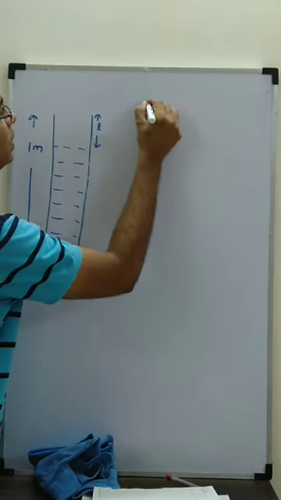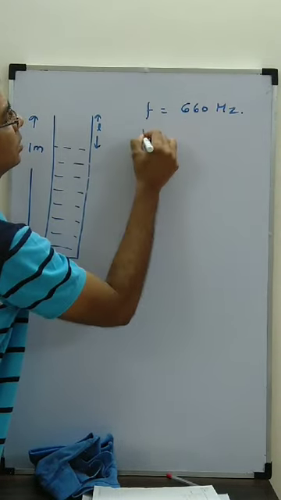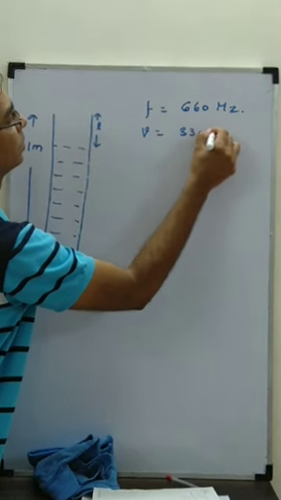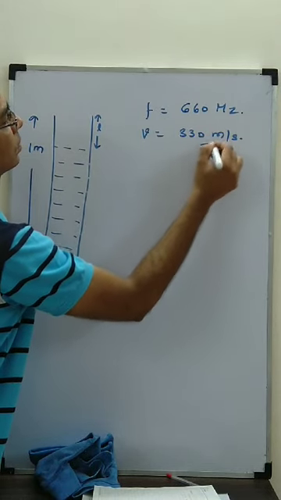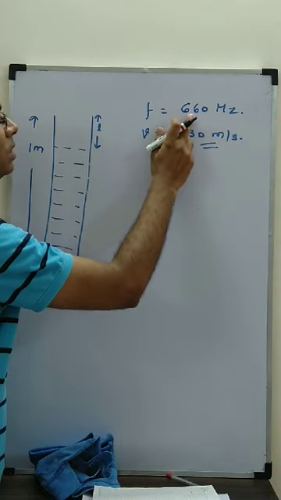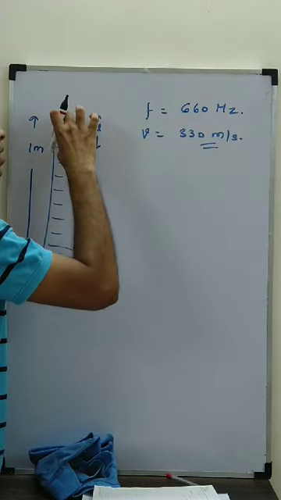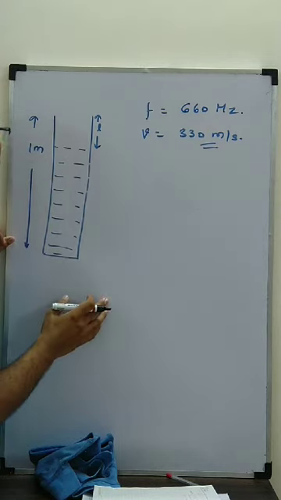The frequency of the tuning fork is 660 Hertz and the speed of sound is 330. When 660 Hertz is given and this has to be in resonance, this air column also has to produce what frequency?